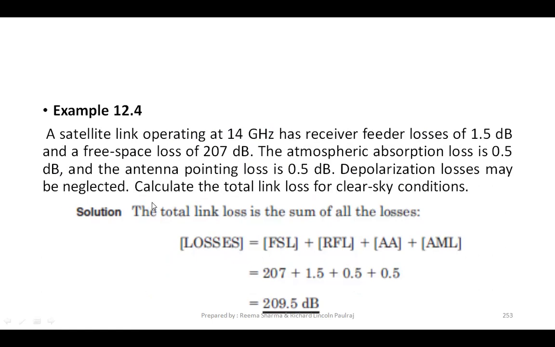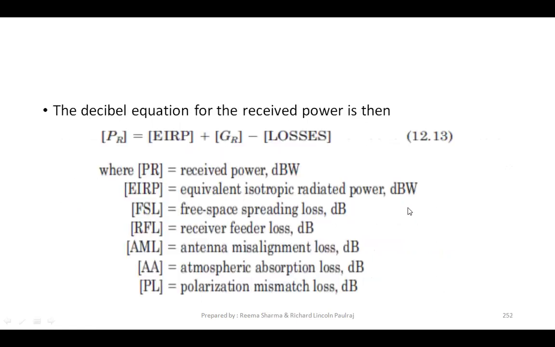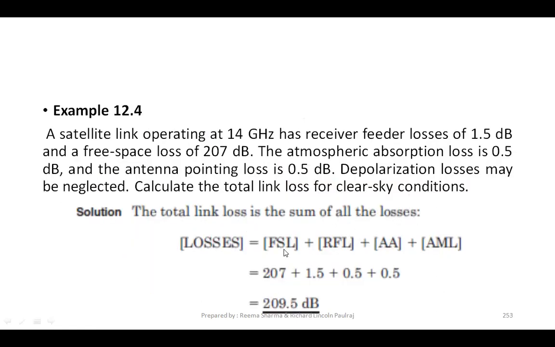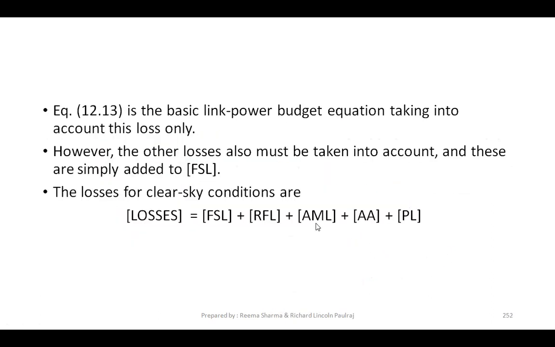Depolarization losses may be neglected. Calculate the total link loss for clear sky. Whenever they say depolarization, that means you don't have to consider PL. They're directly telling us not to consider PL, so my formula is going to change to FSL, RFL, AA, AML.